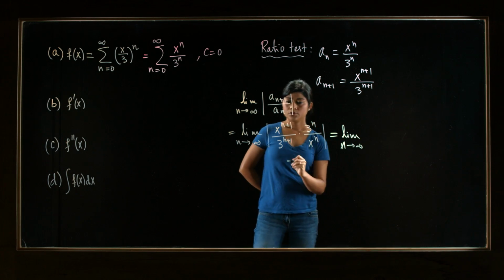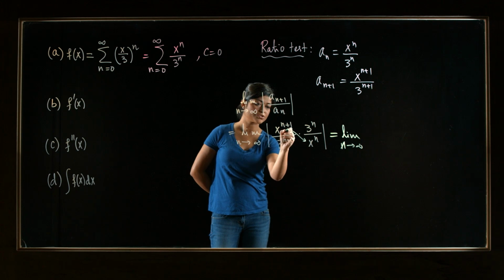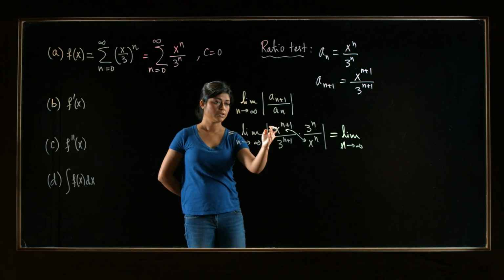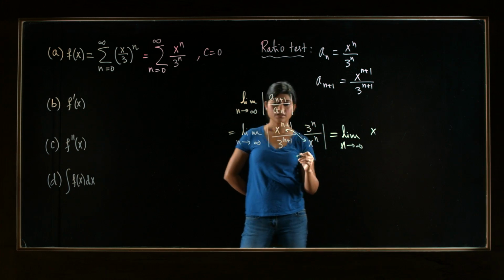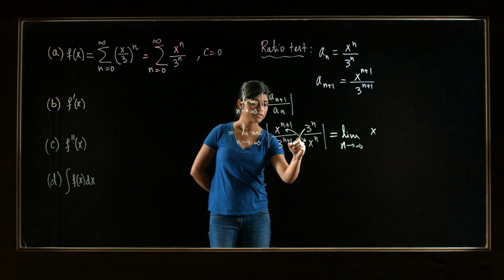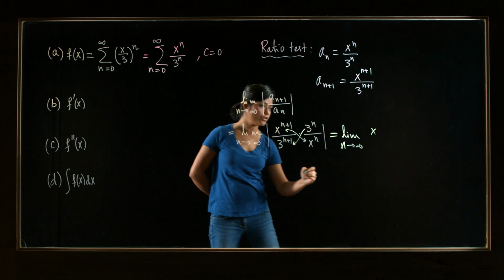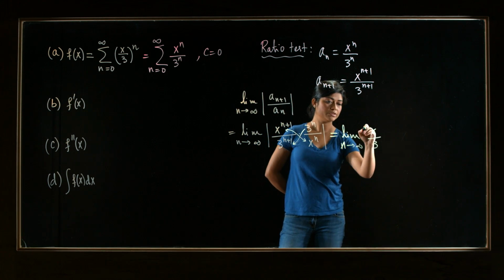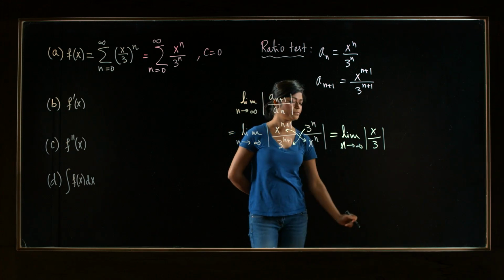Now, look at the like terms. See the x to the n plus 1 and x to the n. They will cancel, and there's an extra x in the numerator, so we'll have an x. And then the 3's will cancel as well, and there's an extra 3 in the denominator, so we'll have a 3, and then absolute value. Don't forget the absolute value, it's important.